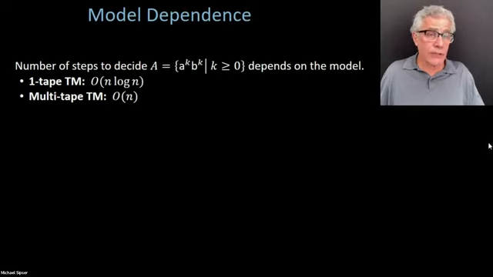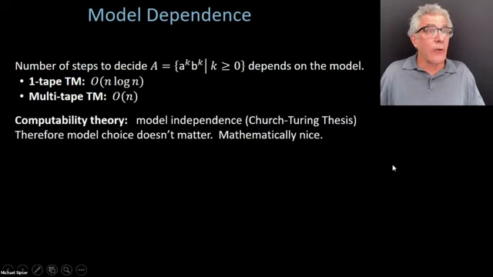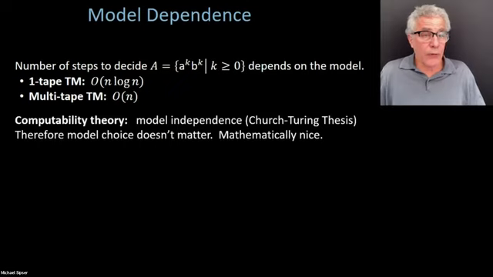If you contrast that with the computability section of the course, we had model independence. The choice of the model didn't matter. That was nice for us because the theory of decidability didn't depend upon whether you had a one-tape Turing machine or a multi-tape Turing machine.